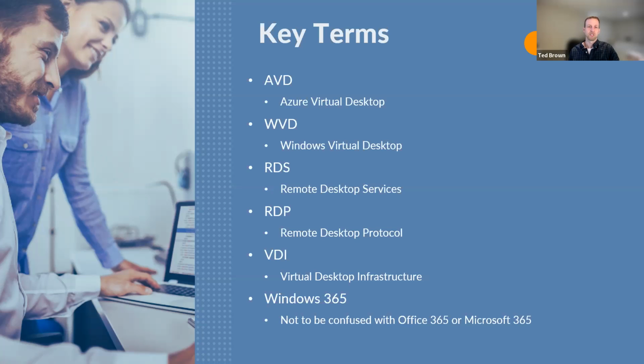The other one that you'll see is WVD, Windows Virtual Desktop. Windows Virtual Desktop and Azure Virtual Desktop are pretty much one and the same. When Azure originally came out with the ability to do desktop provisioning within Azure systems, it was called Windows Virtual Desktop.